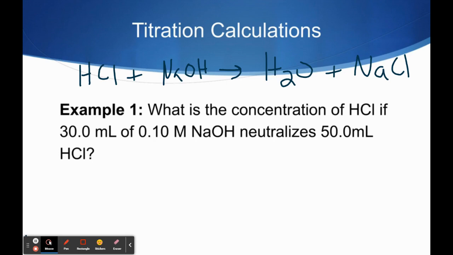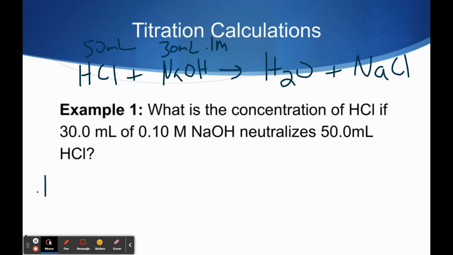Now we have the volume of HCl used, which is 50 milliliters. We know that we used 30 milliliters of NaOH, and we know the concentration of the NaOH is 0.1 molar. So the first thing that we need to do is use our molarity and our volume of NaOH to figure out how many moles there are.